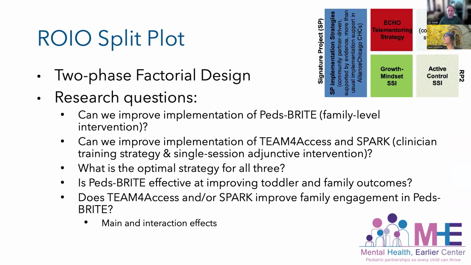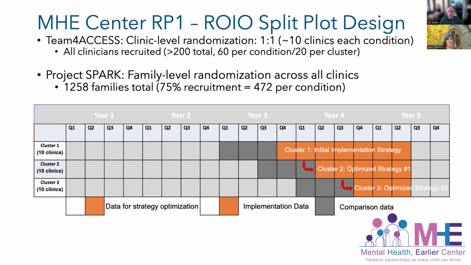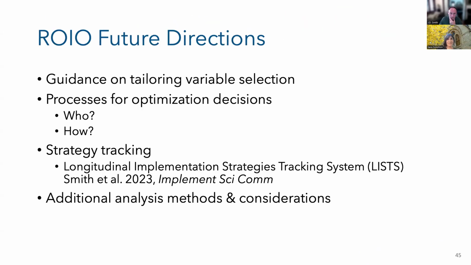And so we can more or less test this in a 2-phase factorial design. Because you add in these additional pieces, you can answer a number of additional research questions about whether or not there's an additional increased effect on the overall effectiveness of the primary intervention with these additional implementation strategies. But I won't go into too much detail about this just for the sake of time. This will be in a future paper as well.